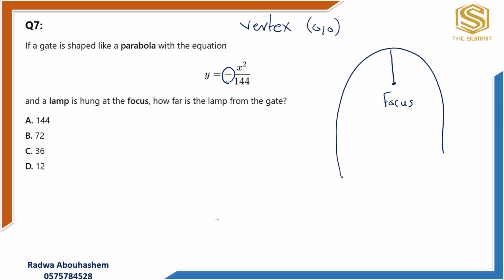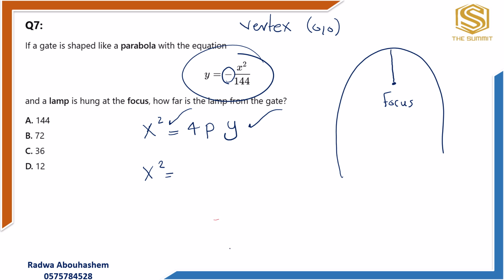Good. Now, this means my equation would be x power 2 equal 4p times y, because there's no h and there is no k. But I already gave my equation here, y equal negative x power 2 over 144. So this means here that x power 2 equal negative 144y.